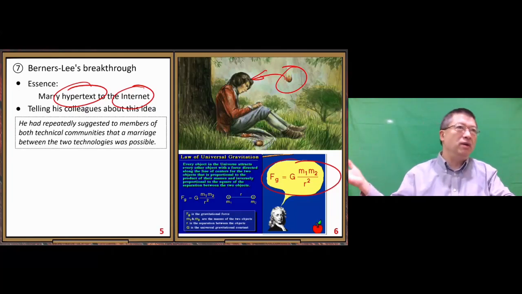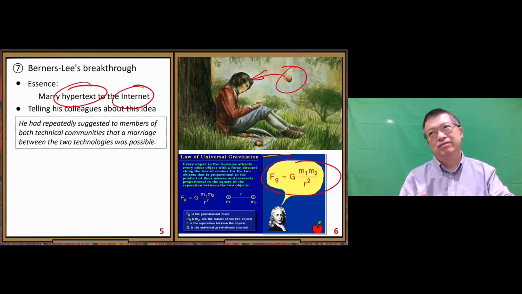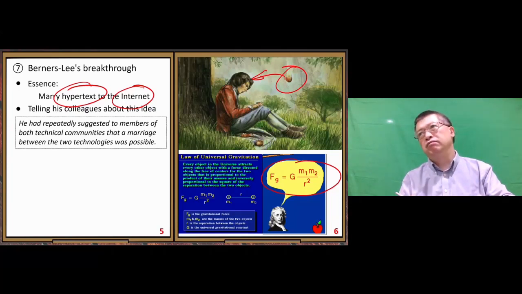But nobody cared about it. Why? People were too busy at that time. They couldn't find time to do this kind of thing. So finally he had to do all the implementation by himself.